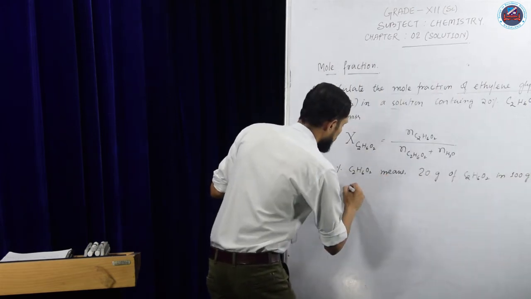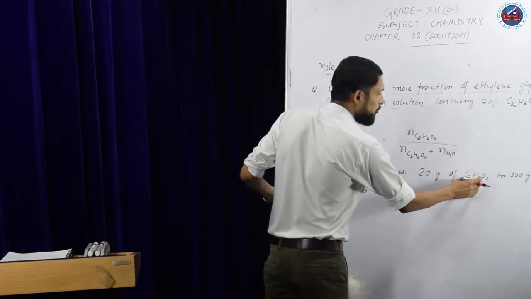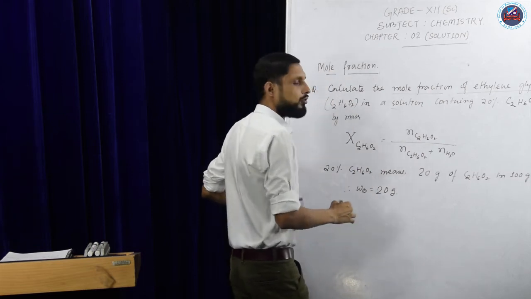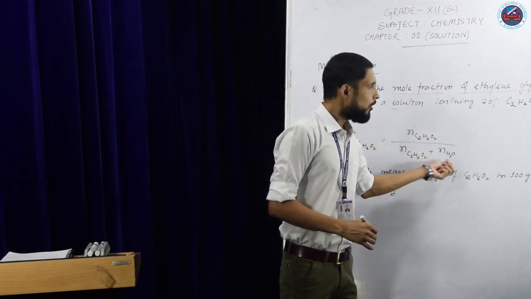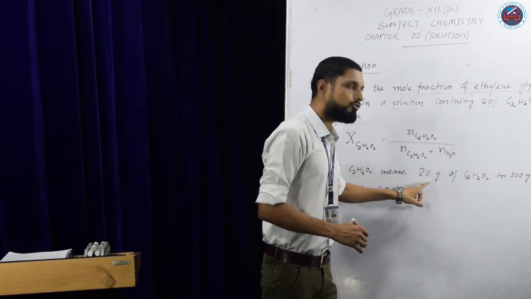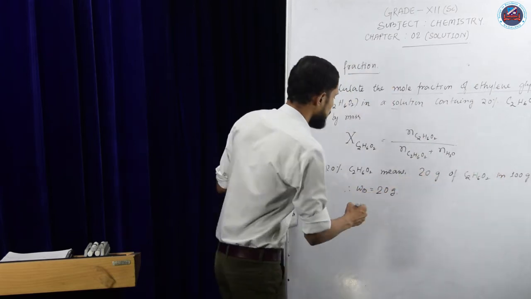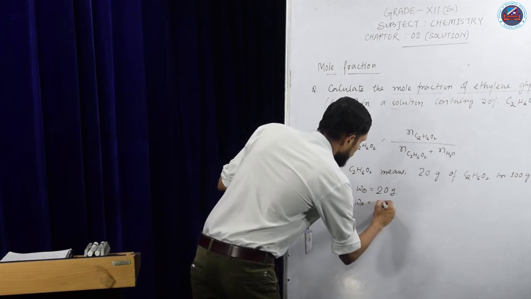So from here we can write Wb, that is mass of solute, that is the mass of ethylene glycol, is equal to 20 grams. Therefore, the mass of solvent, that is the mass of water, will be equal to mass of solution minus mass of the solute, that is 100 minus 20 is equal to 80 grams. So mass of solvent is equal to 80 grams.